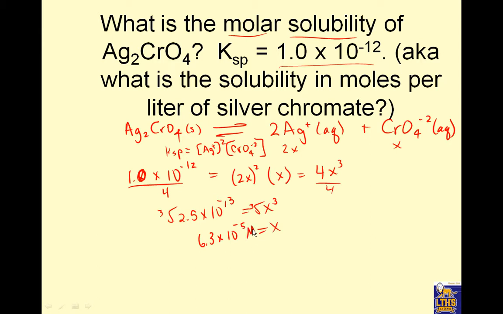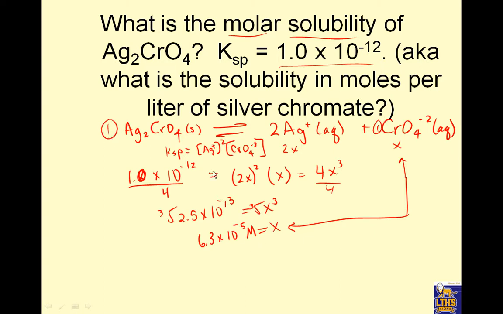But we haven't decided what this means yet. Well, X represents the chromate ion concentration. X also represents the silver chromate solid, because if you look over here, there's a coefficient of 1, and over here is a coefficient of 1.